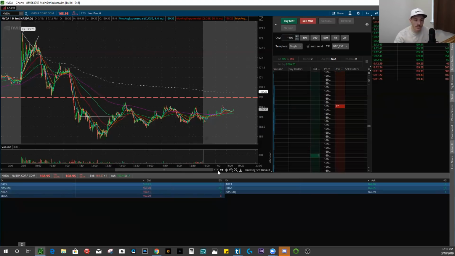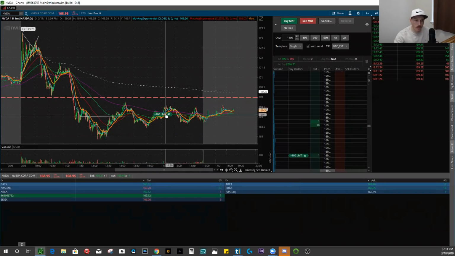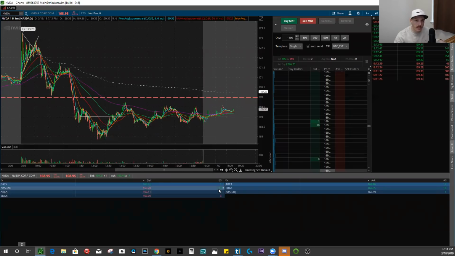So when you're watching level 2 throughout your trading day, and all of a sudden you see a lot of orders flooding in on the bid side, that can usually be a strong indication that the price action on that stock is going to move higher. Not all the time, and we'll talk a little bit more about that. But when you see a lot of buyers coming in on the level 2, on the bid side, it can be an indication that the prices are going to therefore increase.